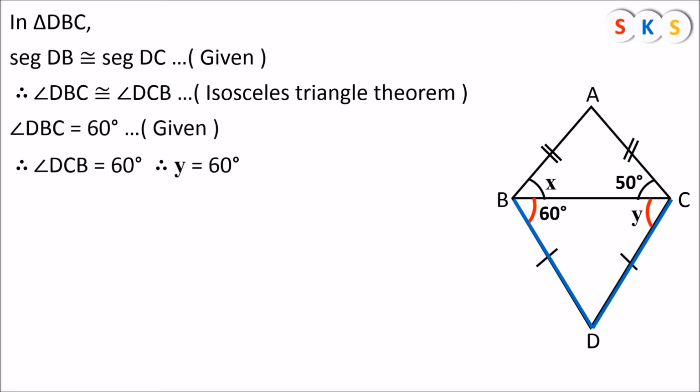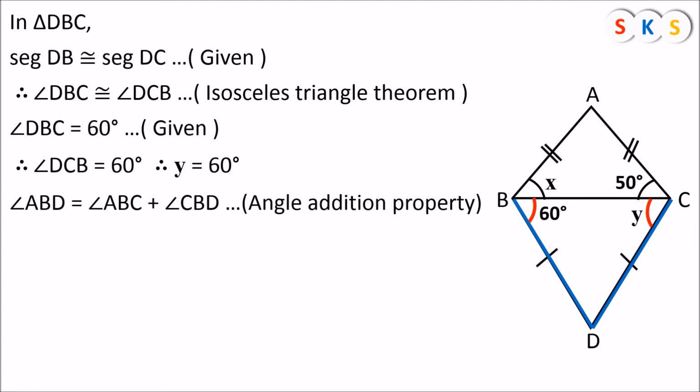Angle ABD equals angle ABC plus angle CBD. You can look at this figure here. Angle ABD, this angle, is equal to angle ABC plus angle DBC, according to the angle addition property.